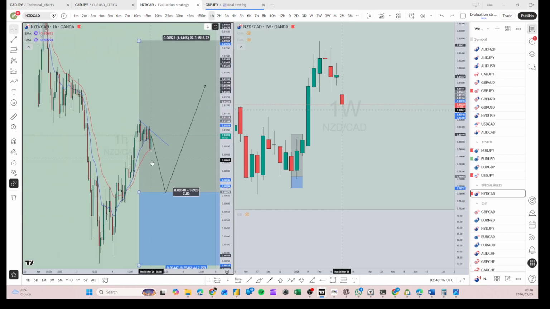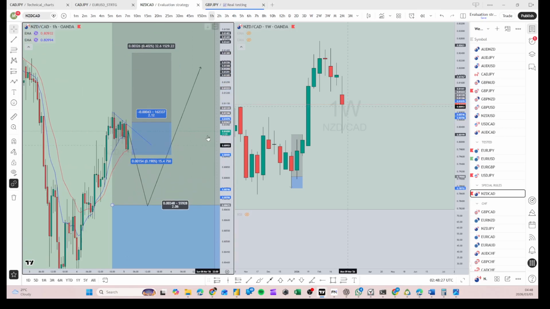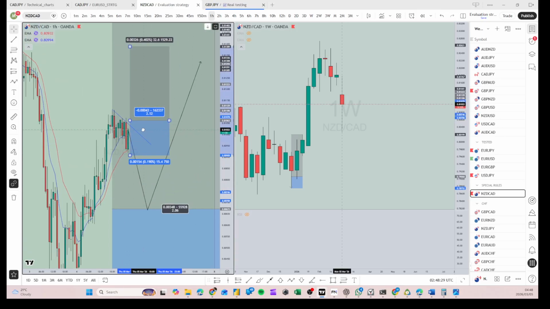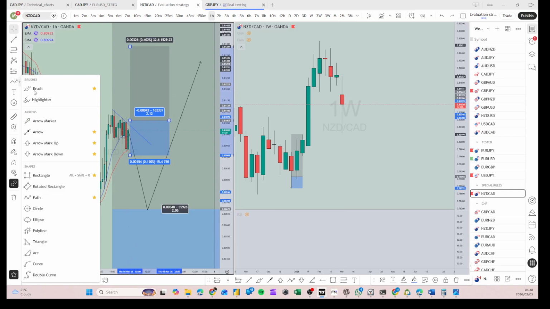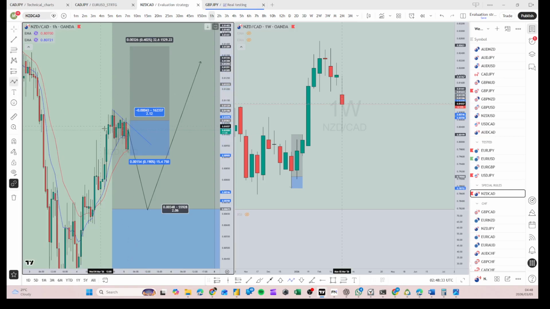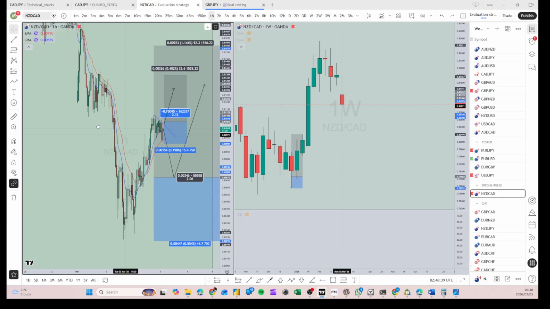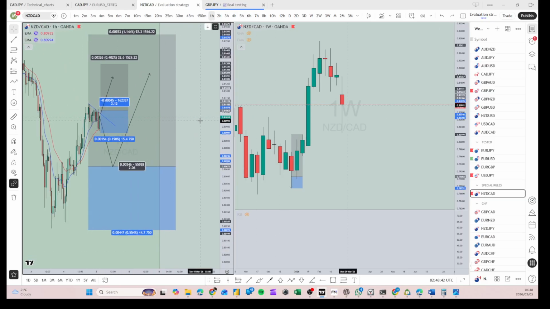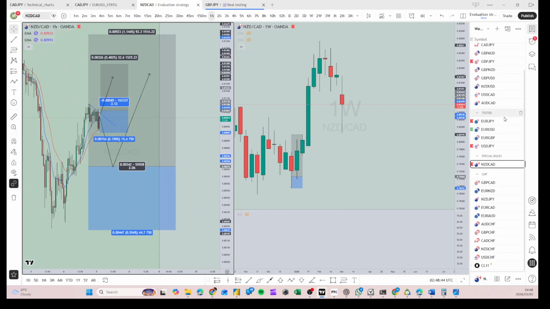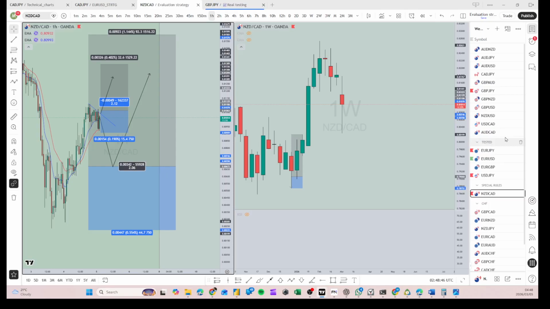But if we don't get the move down, then I'm possibly going to look to buy on the break of this structure. I'm going to buy the market and anticipate a continuation to the upside. These are currently all the trades that I have planned, and we'll see how everything pans out.